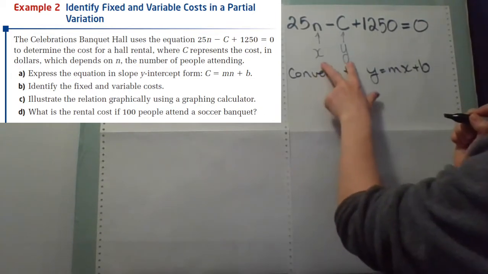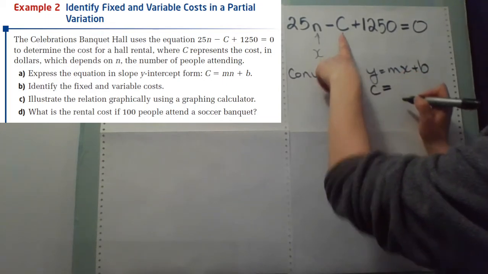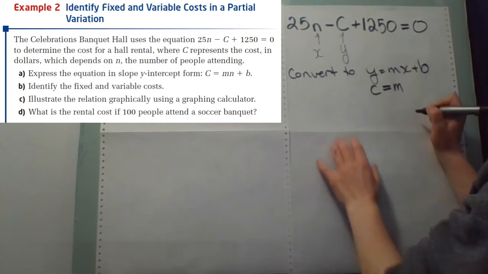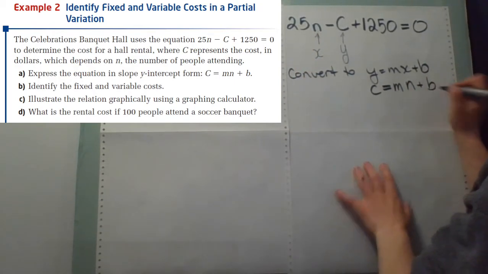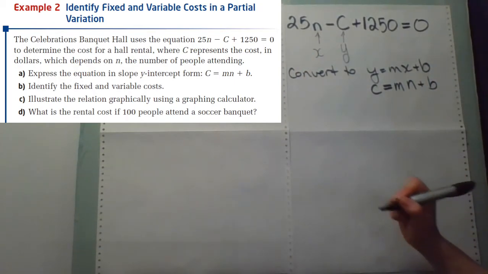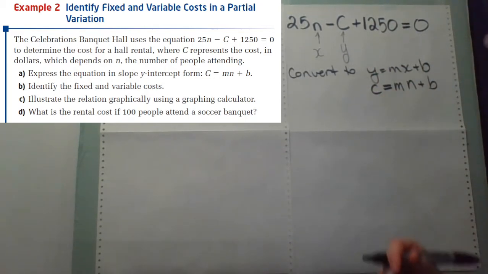Okay, so to keep with their letters, that means I want my c equals, still have a slope value, n is my x, plus b, which will be my random number. So I'm just converting standard form into y equals mx plus b form.